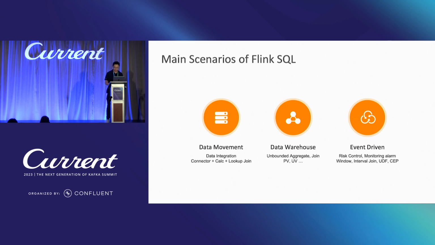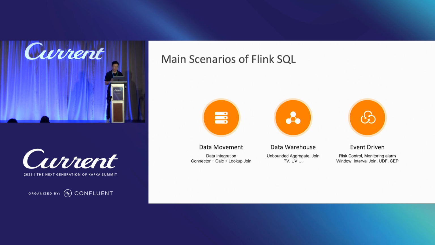The second scenario is streaming processing in the data warehouse. Maybe every company has an offline data warehouse. Using Flink SQL, you can accelerate the data processing to a streaming data warehouse. And it can handle some complex processing, not just data movement.